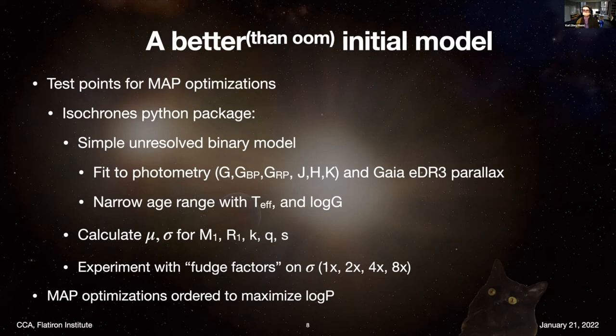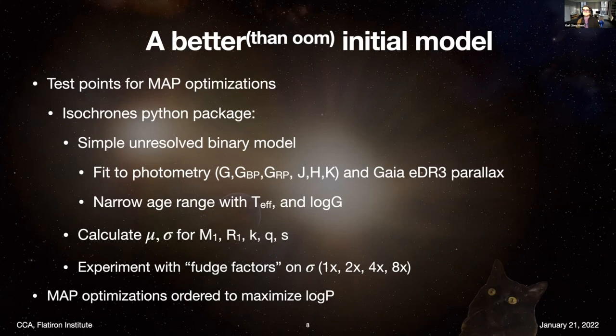This allows us to catch any infrared information that the secondary may have, which is typically not picked up in Gaia photometry. To help with distances, we also use the EDR3 parallax. And then we also use the APOGEE T effective and log G estimates just to help this initial model converge more rapidly by narrowing the age range.